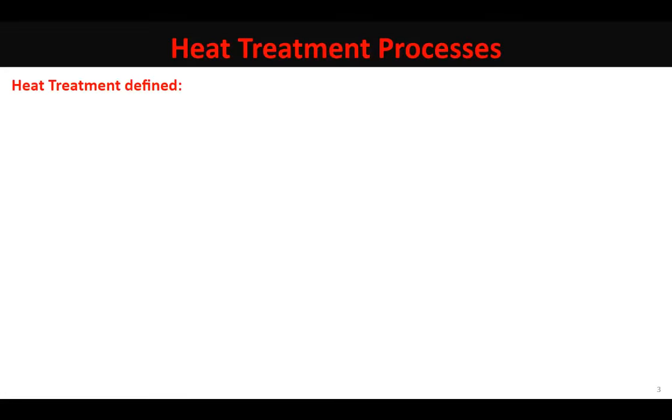Okay. Now, before I define heat treatment for you, one of the facts which all of us must know is that one of the main reasons why steels are the most important commercial materials in the industry is their good response to the majority of the heat treatment processes that are available.